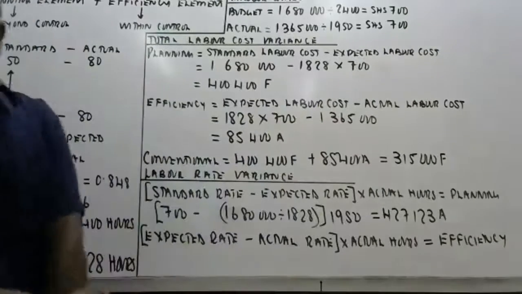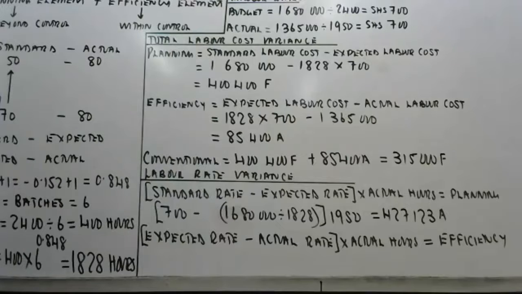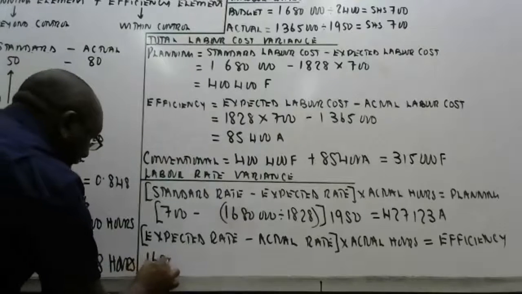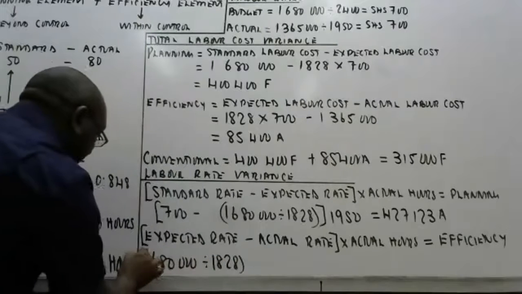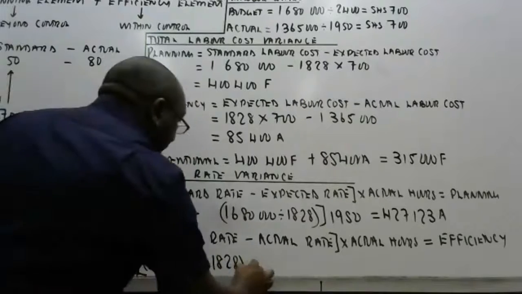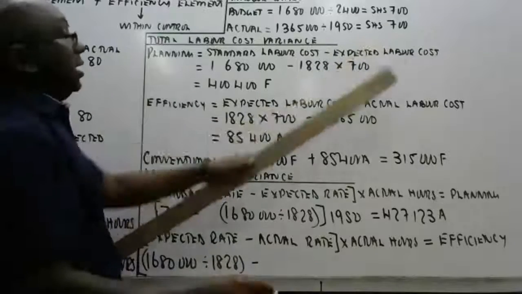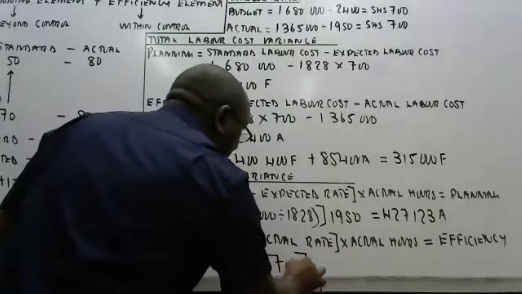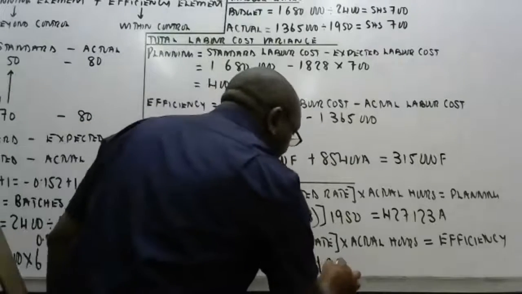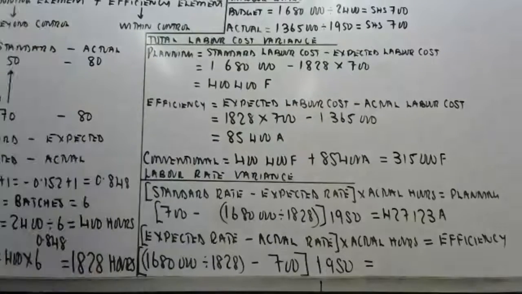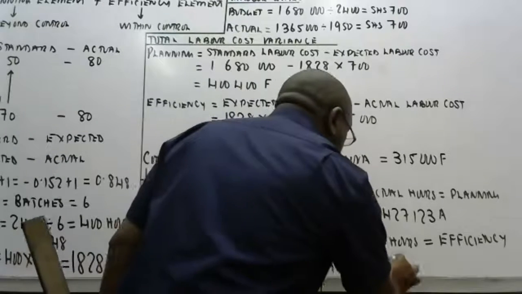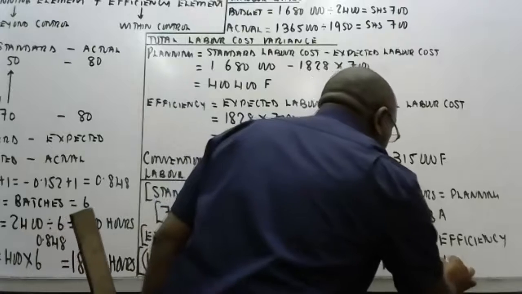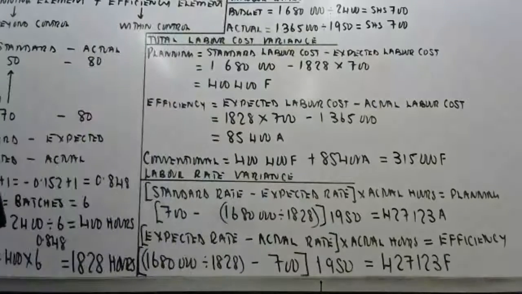So this will be 16,800 divided first by 1828, then you minus the actual rate, which we had here as 700, multiplied by 1950. You can see it is similar to this one, the only difference is the sign. That tells you it will be $427,123 favorable.